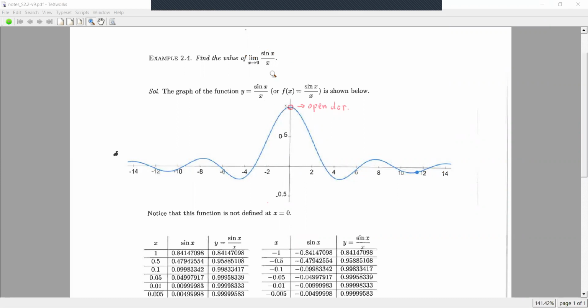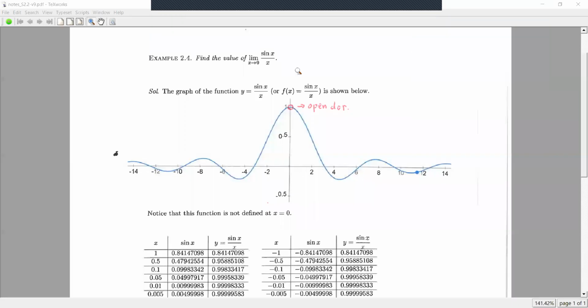Now the question is, as the independent variable x approaches 0, what number will this function approach? From the graph, as x approaches 0, the graph approaches this point. The height of this point is 1. Therefore, this limit is equal to 1.